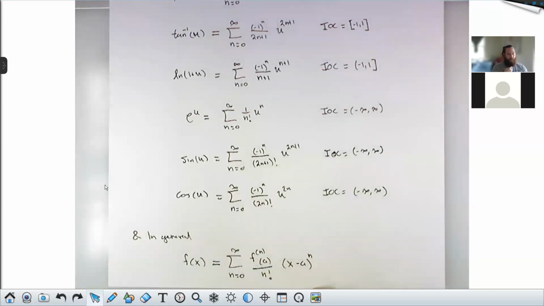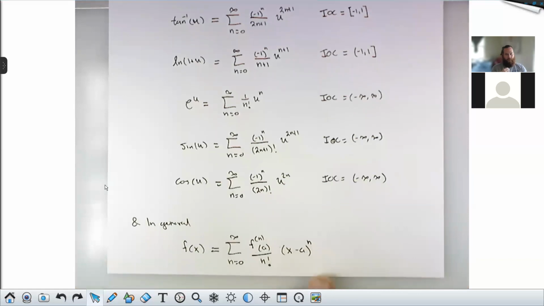And this was the recipe that we used to get the bottom 3 power series up there. We've written this as Cn times x minus a to the n, and then said where Cn is this thing. This is the way you write it sort of all at once.